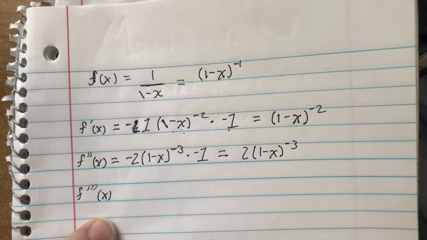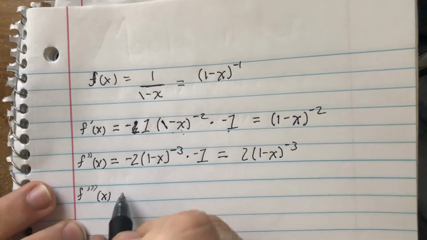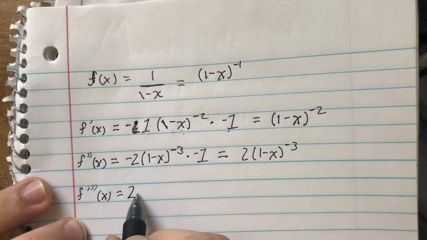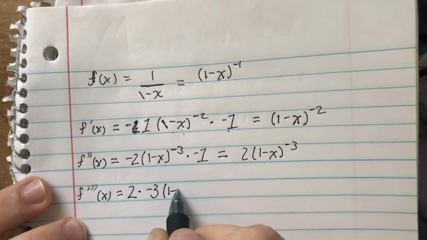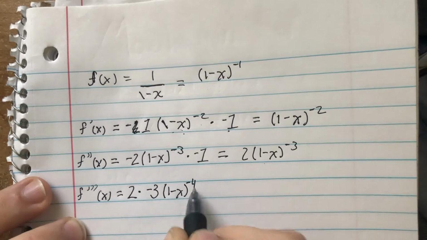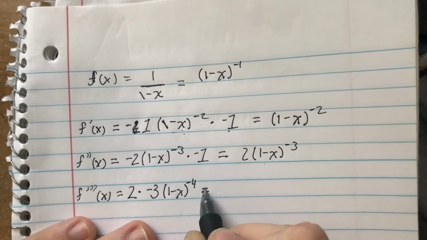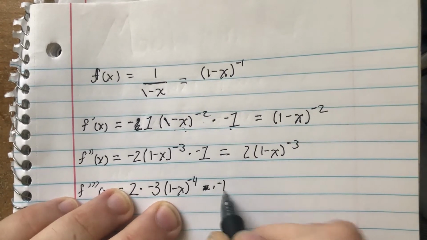It's important when working on these, one thing that is helpful is to notice a pattern. So here we're going to take the derivative of this, which is going to be 2 times negative 3, 1 minus x to the negative 4. The derivative of the inside, 1 minus x, is negative 1.